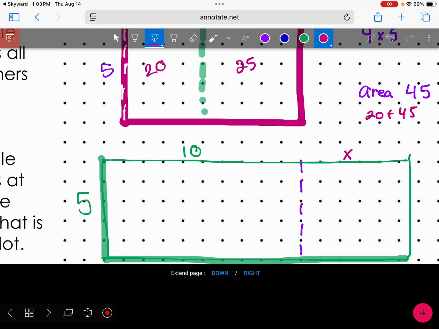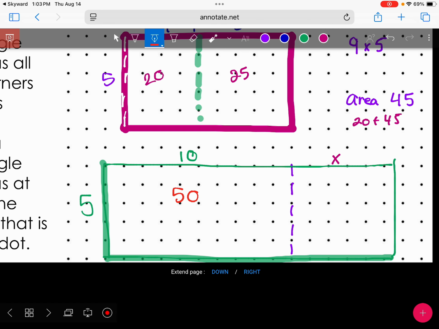I could still find the area for this because I know some of these pieces. I know 5 times 10. What's 5 times 10? 50. I ask really hard questions sometimes. What would the area be of this box? 5 times 1.